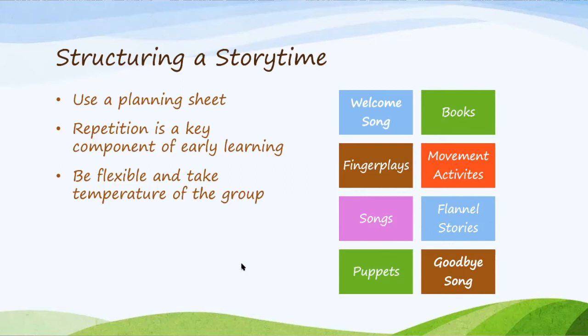Also, things to keep in mind: repetition is a key component of early learning. Kids like hearing songs that they know. Even though you may seem like you're singing the same thing, it's always helpful. It helps their brains develop. So I always recommend having elements of your story time that are well known.